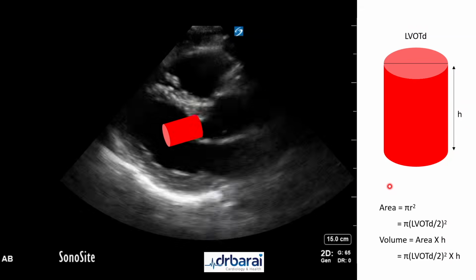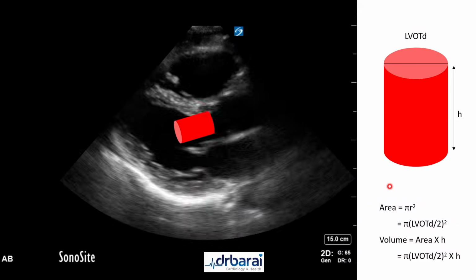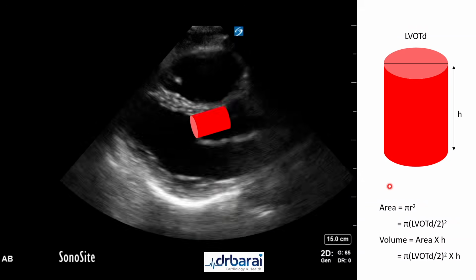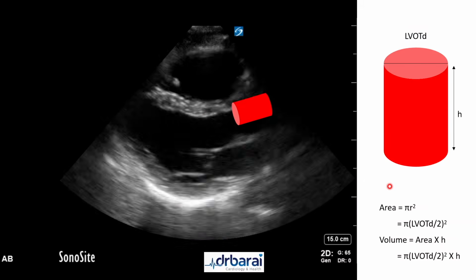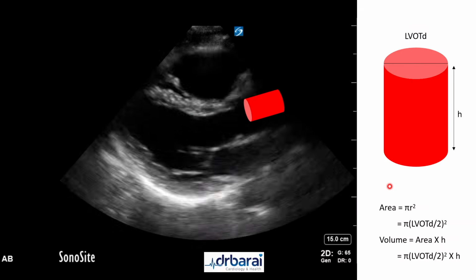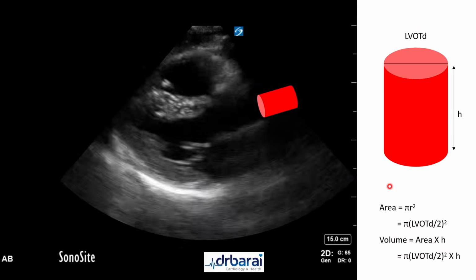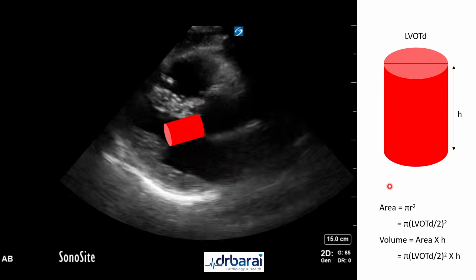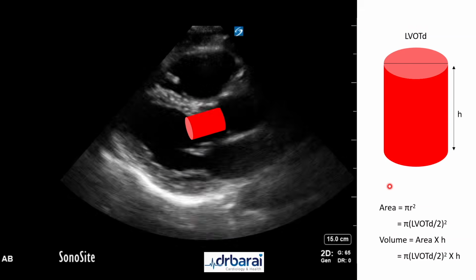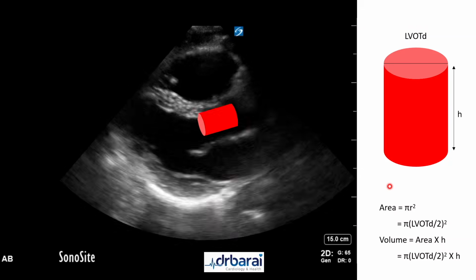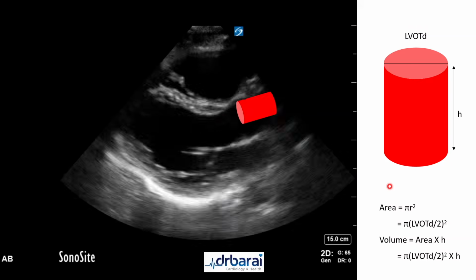What I mean is, I do the LVOT VTI, give some treatment like IV fluid or some inotropic support, measure the LVOT VTI again, and half an hour later again, and I see if my treatment or intervention is actually working or not. So I use the LVOT VTI not as a static number, but as a dynamic number, for the assessment of the responsiveness of the patient to the treatment that I am giving.